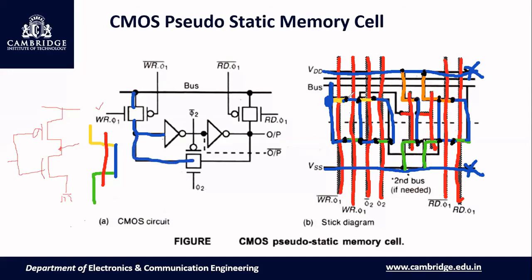So here this is the phi 2 transmission gate, right? This is connected here, right? So 2 transmission gates are connected this side, and this one should be connected to the input of the first inverter.